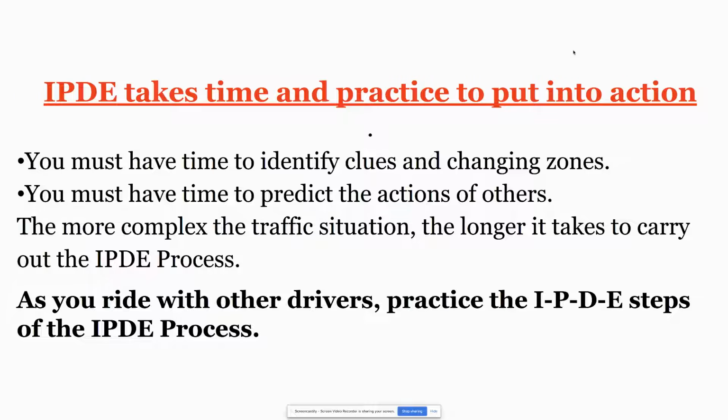In many cases your parents will be asking the question if you haven't. Get used to the fact that they're going to be asking you, do you see that car? What are you going to do about it? What decision are you going to make? How are you going to execute? And as you continue to get better and better with your practicing, these decisions on the IPDE process will work for you.